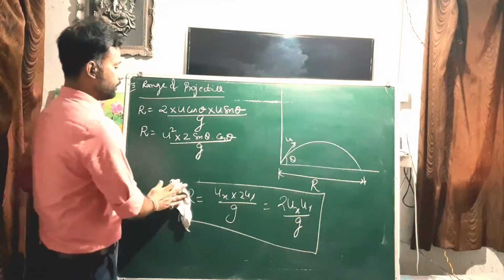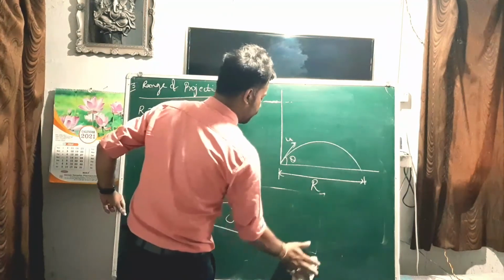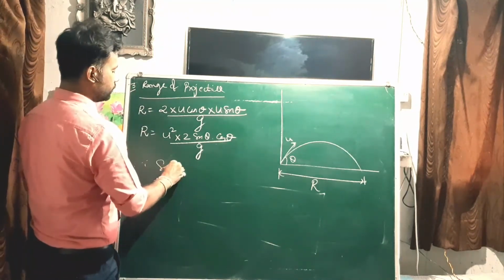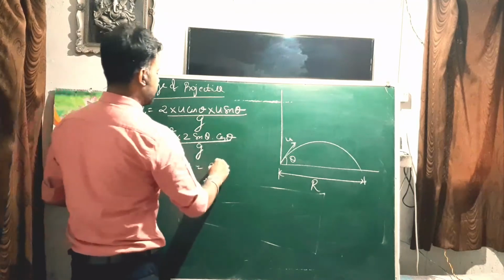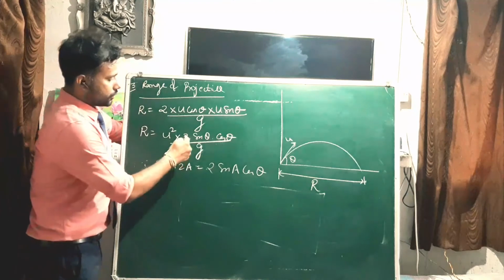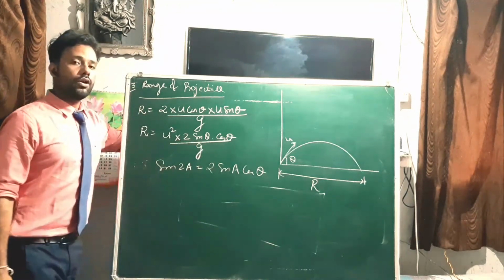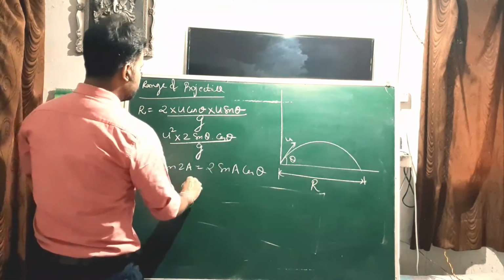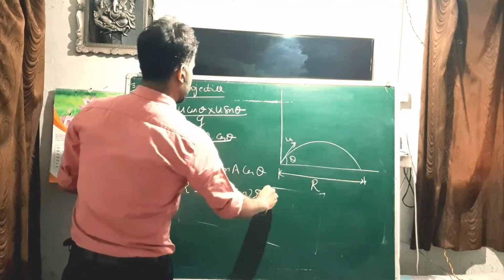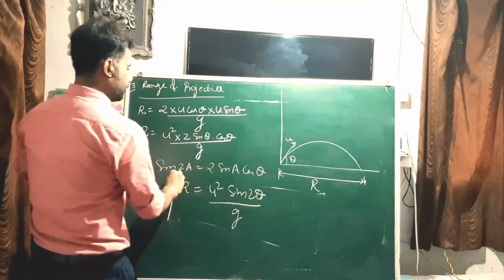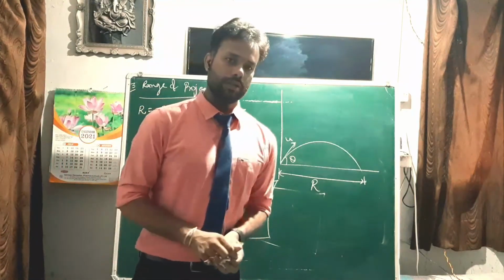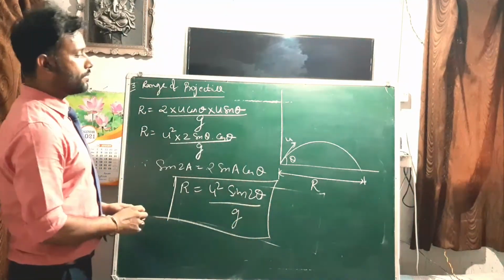Now if you remember, this is the formula we use in trigonometry: sine 2a is 2 sine a into cos a, right? So 2 sine theta into cos theta becomes sine 2 theta. So the formula will become r equals u square sine 2 theta upon g. So this is one more formula for the range of projectile motion. Okay.